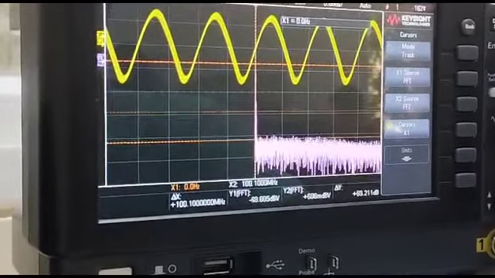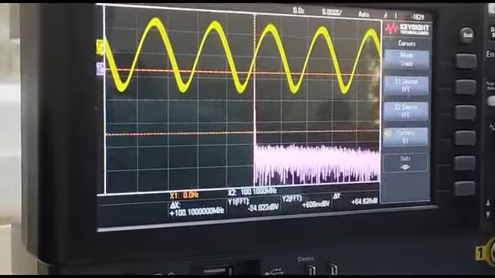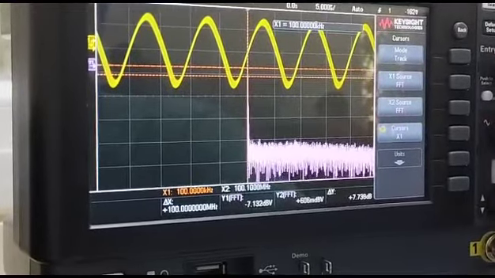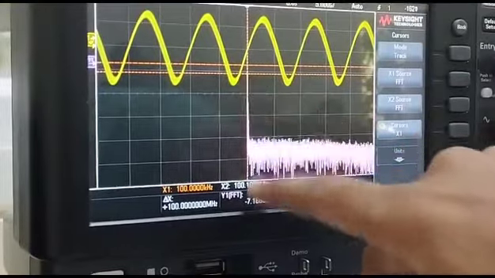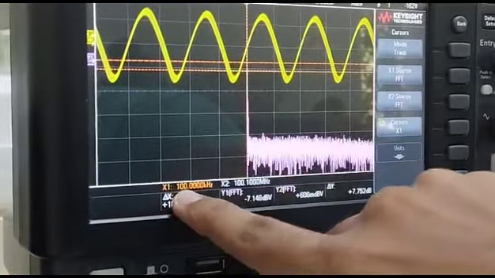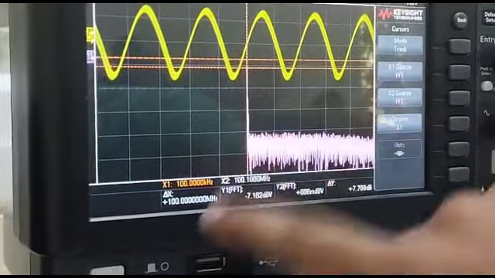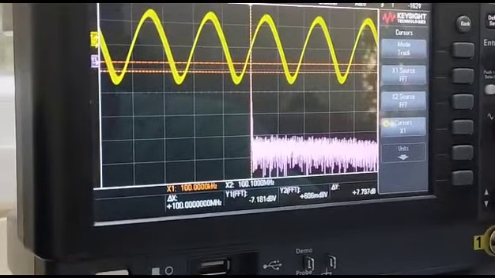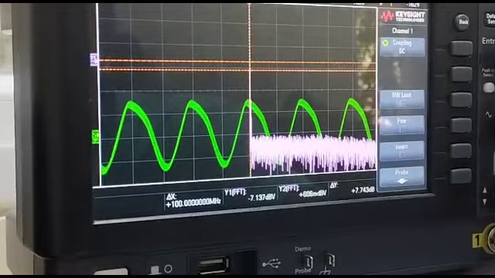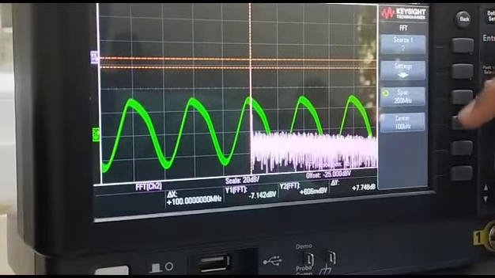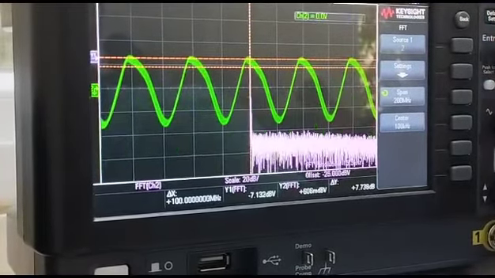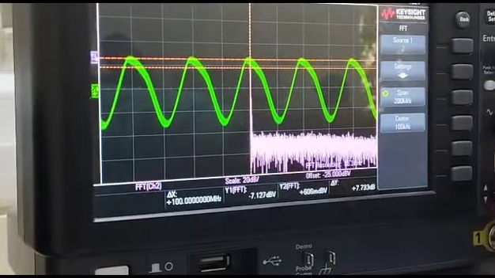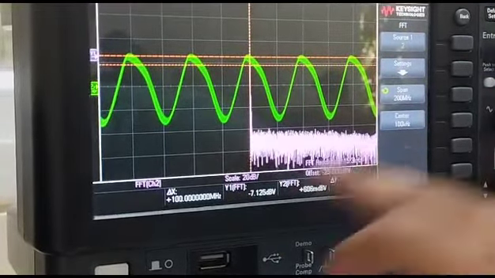Try. Peak of FFT is at 100 kHz, so the frequency of this sine wave is 100 kHz. It's the same for the cos input also, the cos output also.